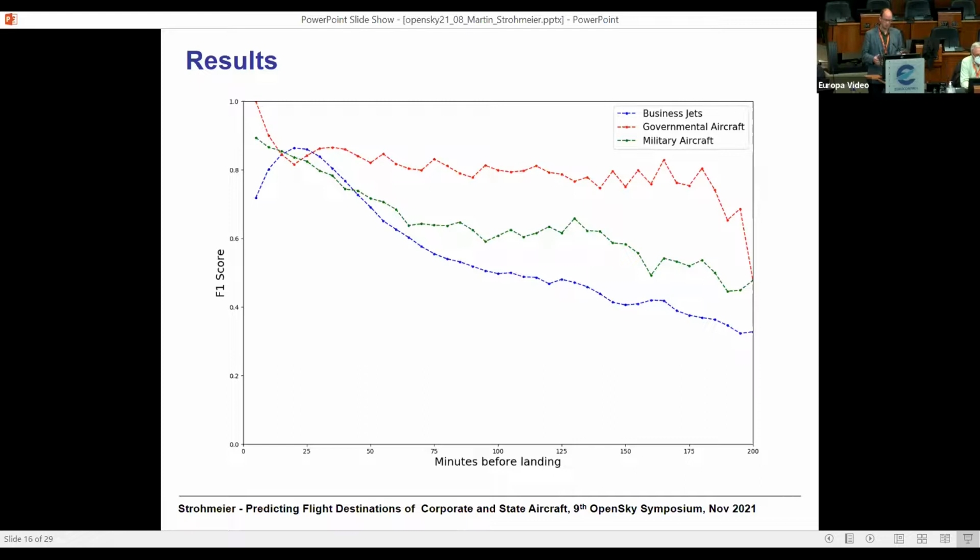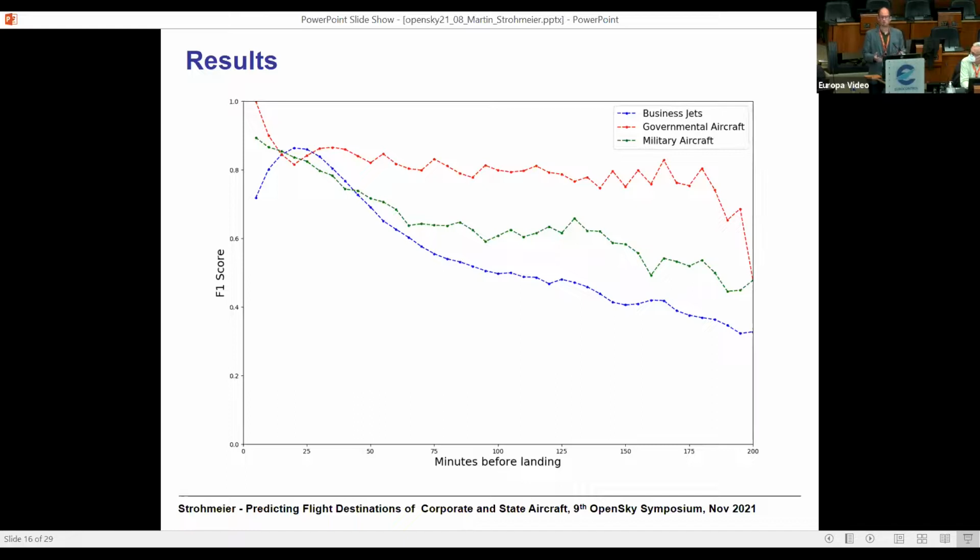But we can see that in particular for the government and the military aircraft, the model knows even 1 hour, 2 hours, 3 hours before where it's going in many cases. There are obviously a lot of explanations for some of this. If, say, a German Air Force aircraft has only a certain number of bases where it's coming from, where it's going to, in most cases.